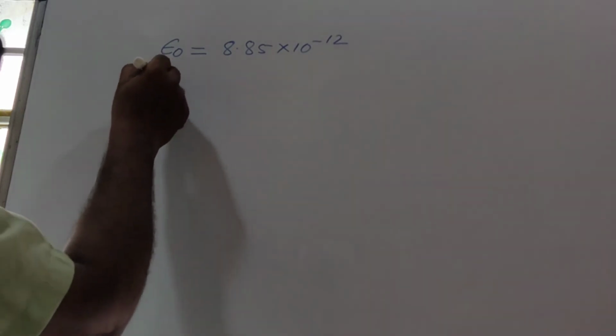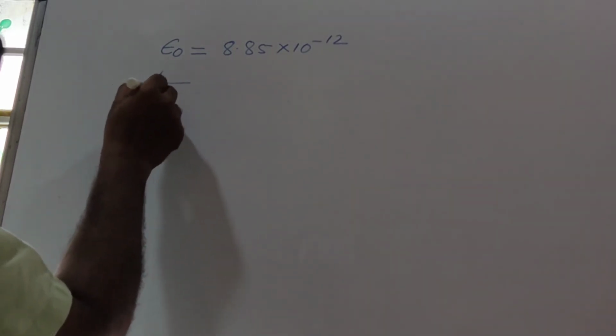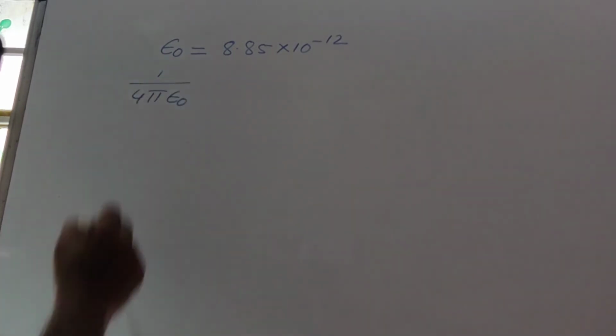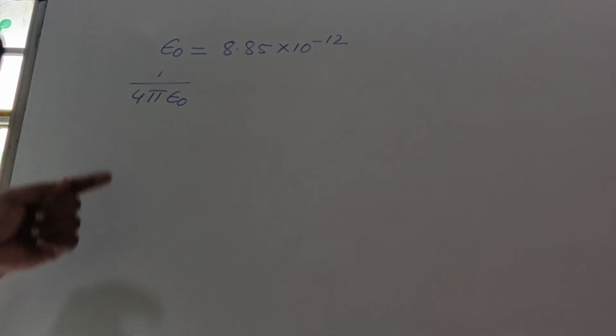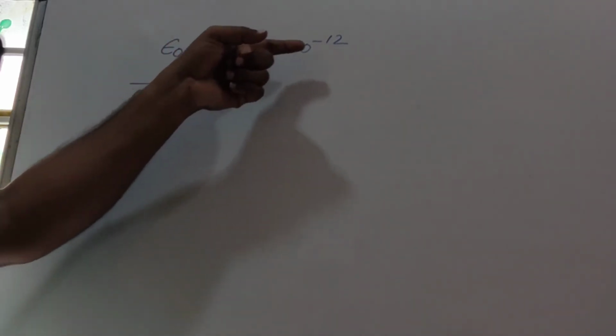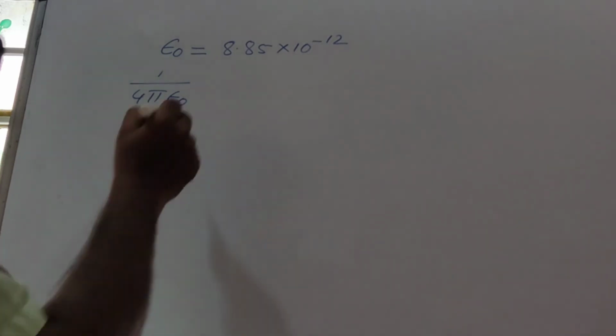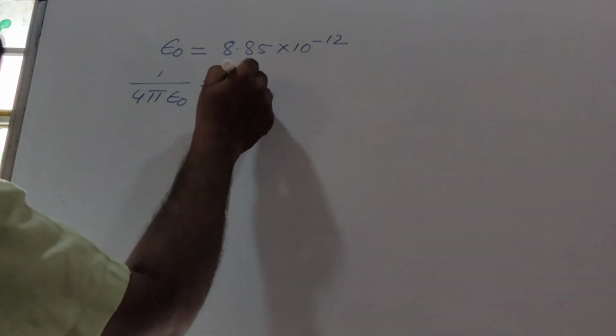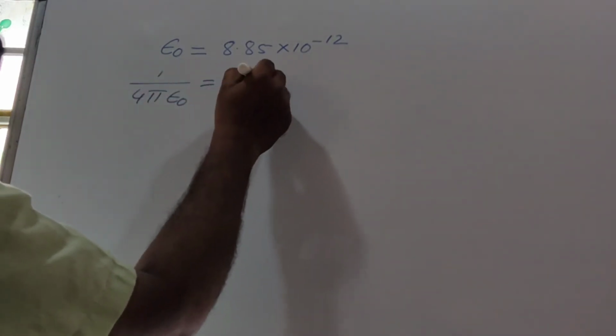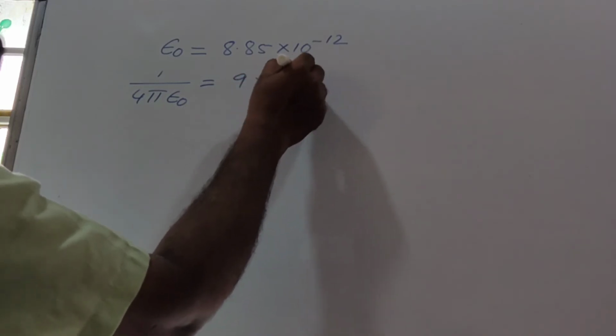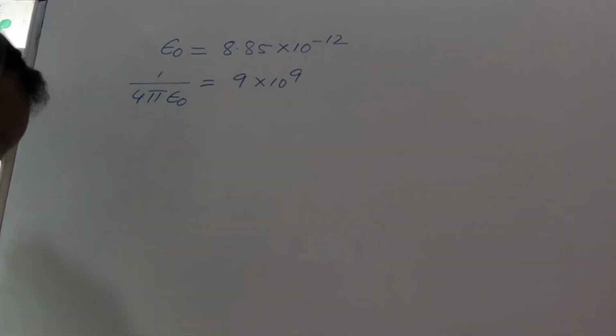Therefore we can have the value of 1 by 4 pi epsilon naught. If we substitute 8.85 into 10 power minus 12 in this formula, we get the value of 1 by 4 pi epsilon naught as 9 into 10 power 9.